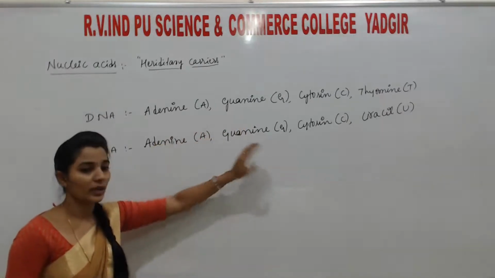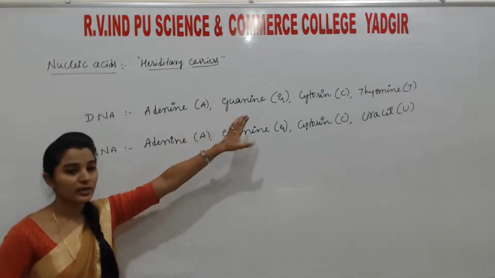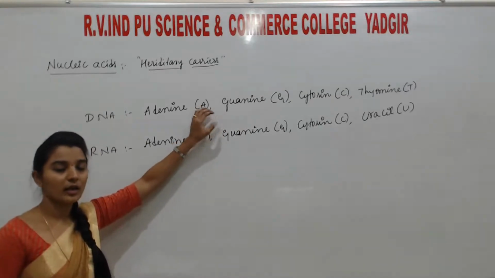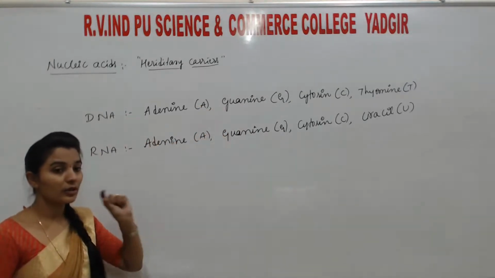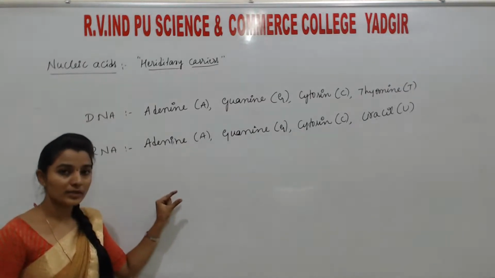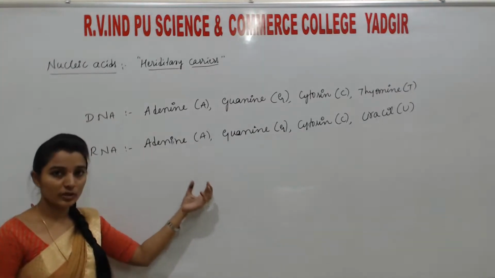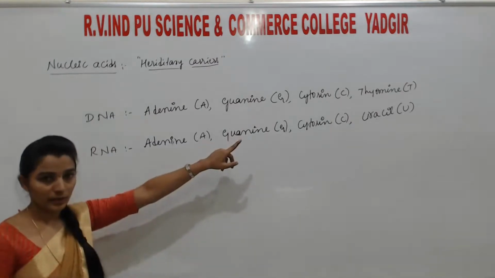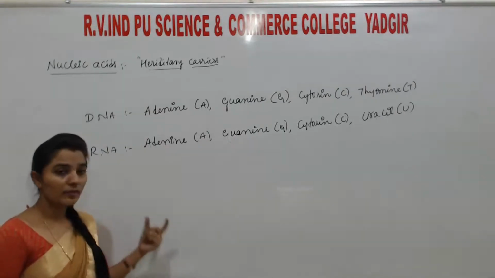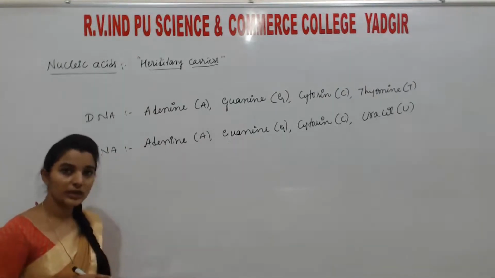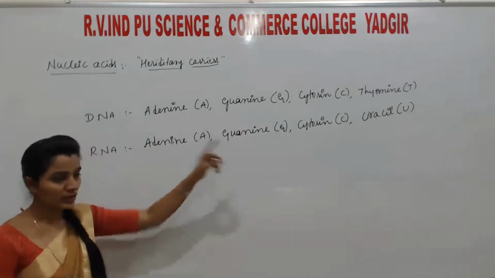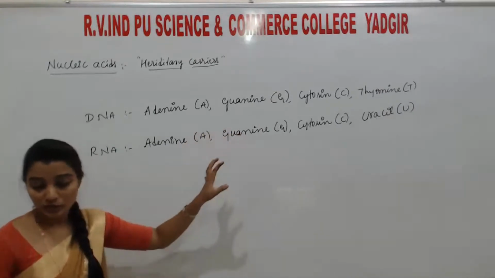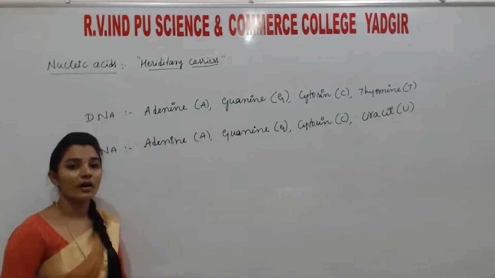Among these three, enumerate any one: adenine, guanine, and cytosine, because these three are common nitrogen bases in both DNA as well as RNA. If they ask to name the nitrogen base present only in DNA, not in RNA, that is thymine. Next, the nitrogen base present only in RNA, not in DNA, is uracil. Except the last one, all three nitrogen bases are commonly present in both RNA and DNA.